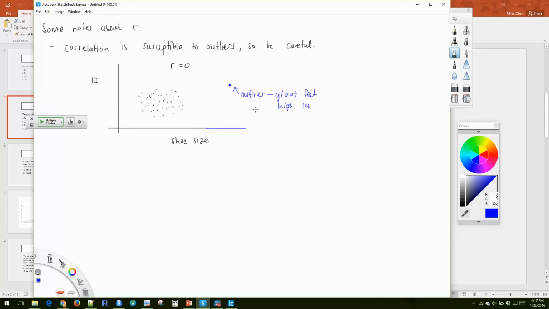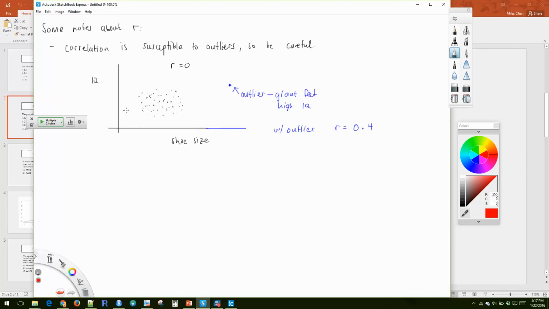The correlation is going to look at this point and say, oh, there is some kind of trend here. With the outlier in it, you might see r is now 0.4 or something like that, and you'd think maybe there's some kind of positive relationship here.